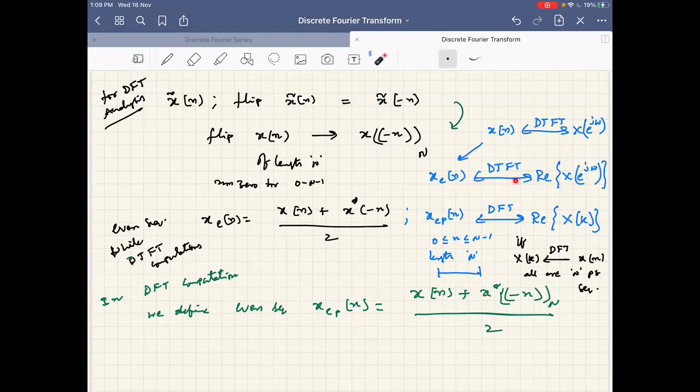In fact, these are valid even for the discrete Fourier series, except that while writing the discrete Fourier series, everywhere we write a tilde. So the even part of x tilde of n is equal to x tilde of n plus x tilde of minus n. We can write it here because we have from minus infinity to infinity.